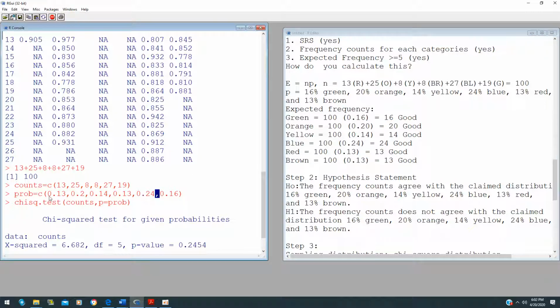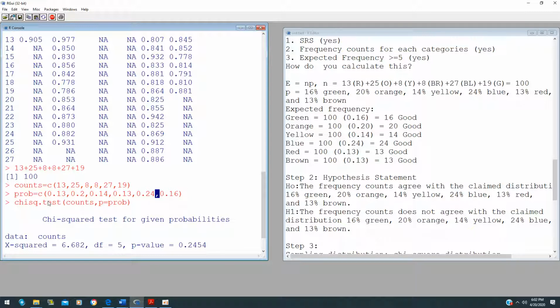This means that the number of candies you put in counts have to align with the probability given to us in the question. If these two are not aligned with the same information given to us, your answer will be all wrong. So make sure this is for red, this is for orange, this is for yellow, this is for brown, that is for blue, and the last one is for green. Make sure you got that correct.